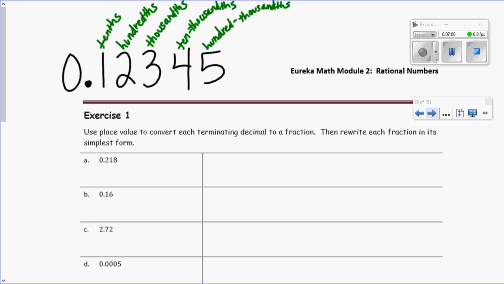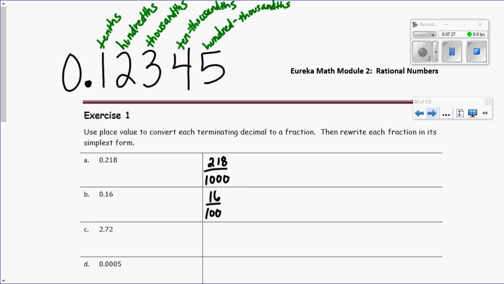Okay, so in the first one, since it's got 3 place values, I know that that is the thousandths. So really what you do is you do 218 over 1,000. And then you reduce it. That's really not too bad. So 218 over 1,000, 16 hundredths. It ends in the hundredths.